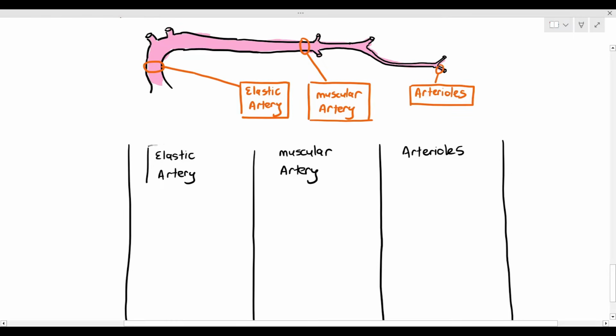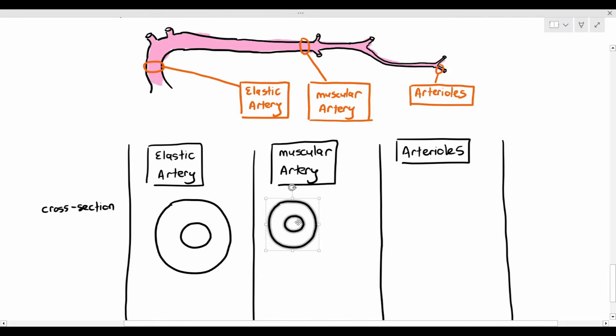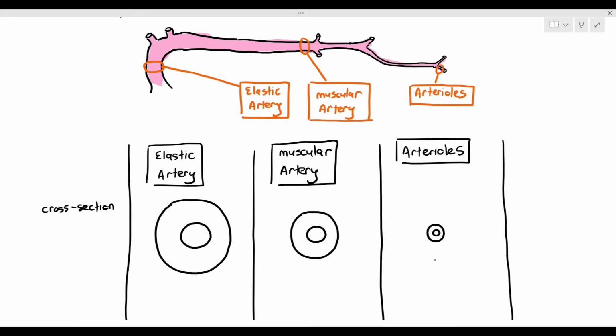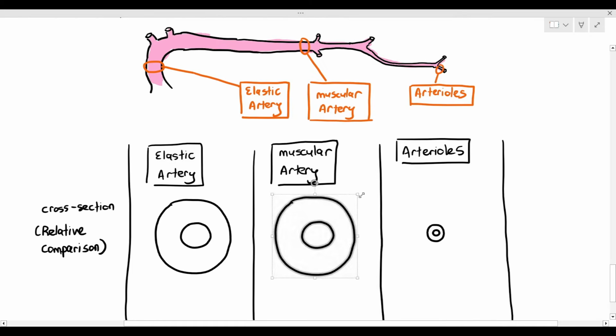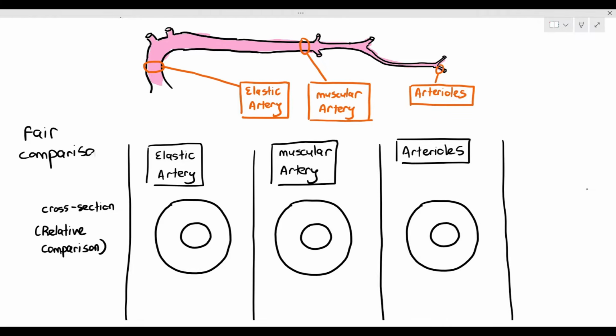And as you can see, when we look at the cross section of the elastic artery, muscular artery, and arterioles, as predicted, their sizes are quite different. As I've told you earlier, the further away the artery moves from the heart, the size becomes smaller. So what we're going to do is something called a relative comparison. What I mean by that is I'm going to magnify the size of the muscular arteries, and I'm also going to magnify the size of the arterioles so that it's similar to the size of the elastic artery.